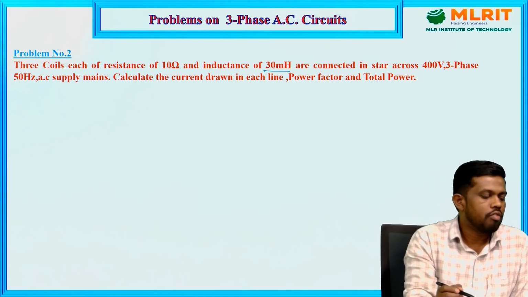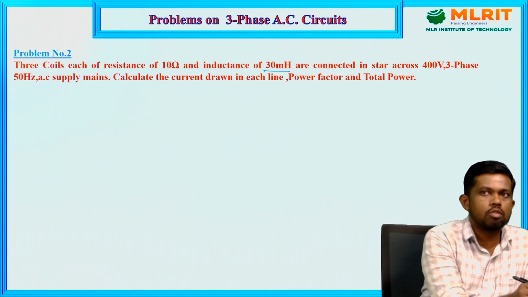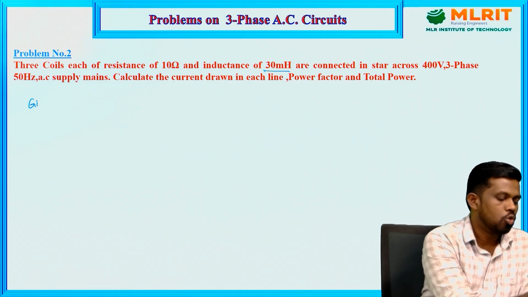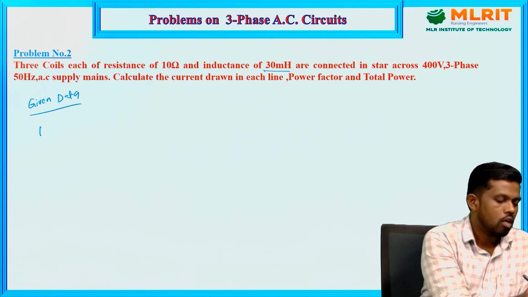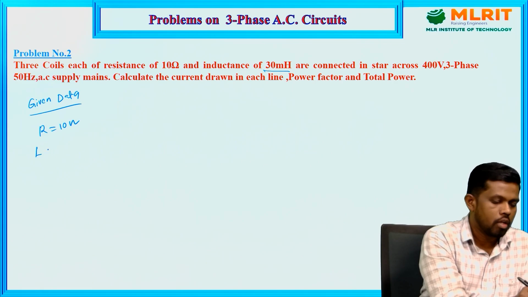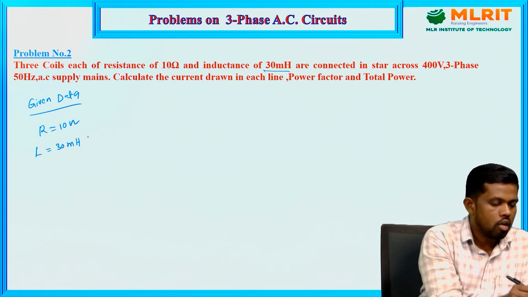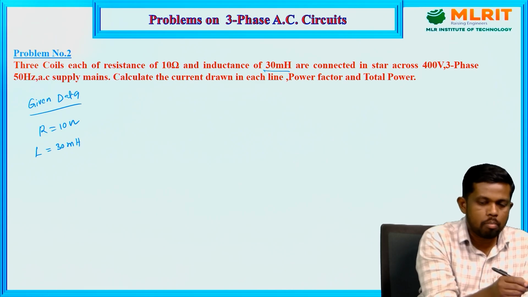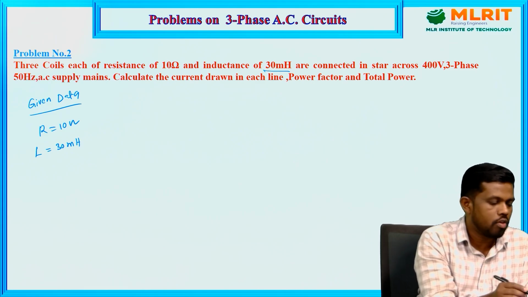Before getting the solution of this network, we need to go through the given data. The given data is R equal to 10 ohms, and the inductance of the coil L is 30 millihenry, connected to a 400 volts 3 phase AC supply.